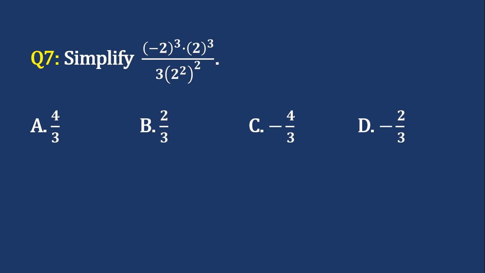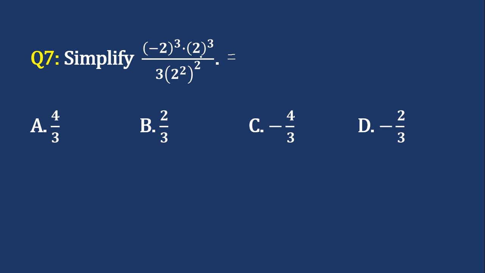Alright, let's have question number 7. So here we will apply the laws of exponents. Now since the exponents are very small, we can directly simplify the numbers instead of applying the laws of exponents. But you can still apply the laws of exponents if you want.